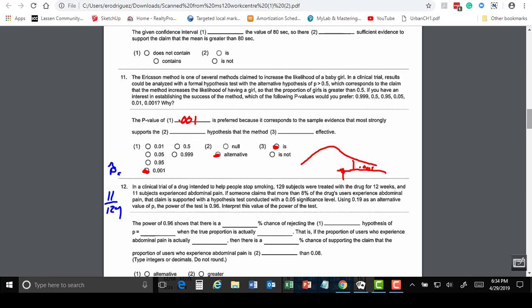There's a 4% chance of rejecting the null hypothesis with a p-value equal to what? Well, the p-value we're saying is 8%, right? And the actual proportion that we calculated from our sample is what? What's 11 divided by 129? Okay, all right. Now let's see how I got it here.